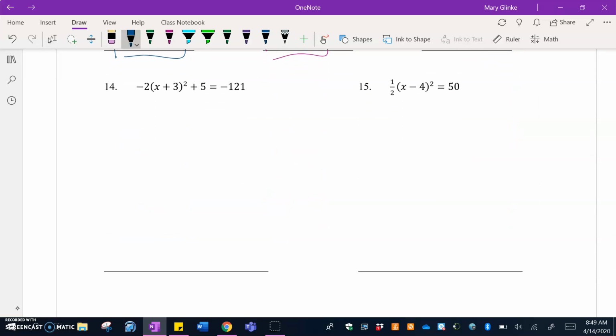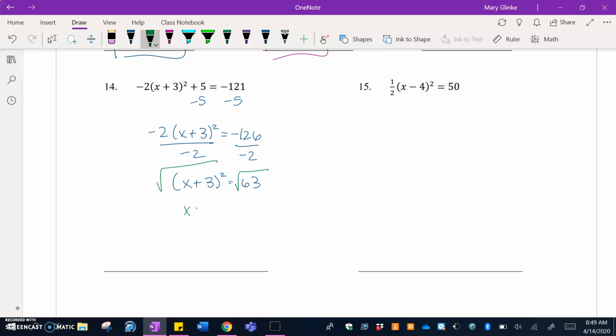Okay, 14, we're going to go ahead and subtract 5. We're going to divide by negative 2. When we divided, it actually became a positive, which is good news for us, because we are going to square root both sides. 63, we can break down.